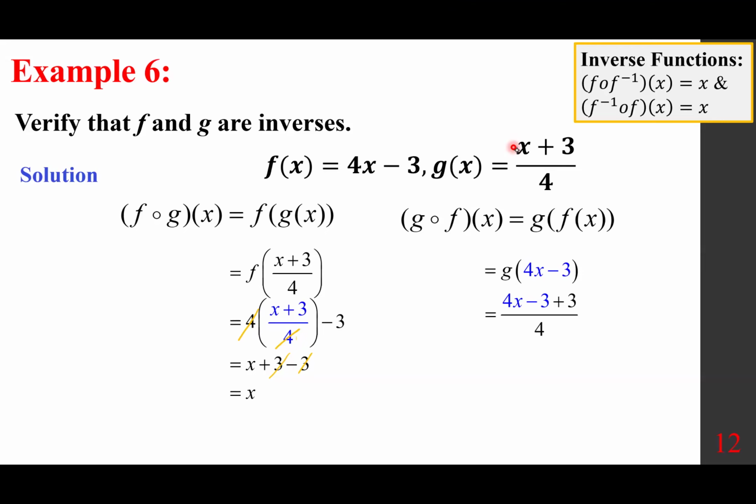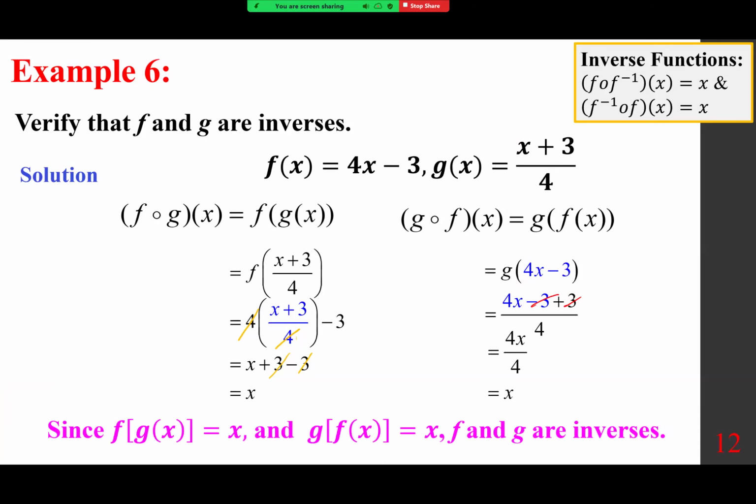So what happens? These two cancel each other. 4x divided by 4 is x. Since f of g of x equals x and g of f of x equals x, f and g are inverses. That proves that the two functions are inverse of each other.